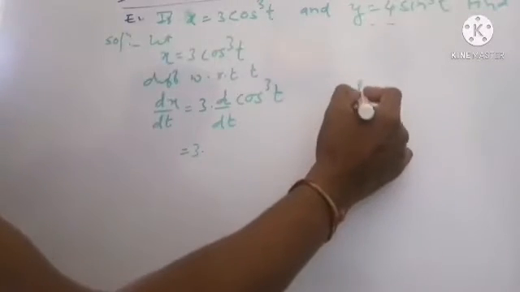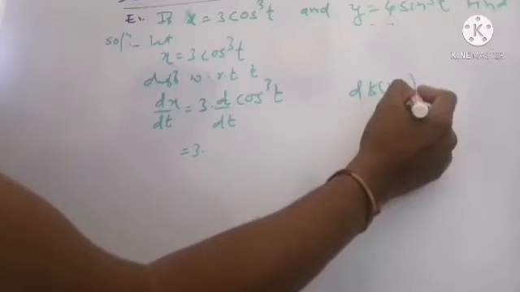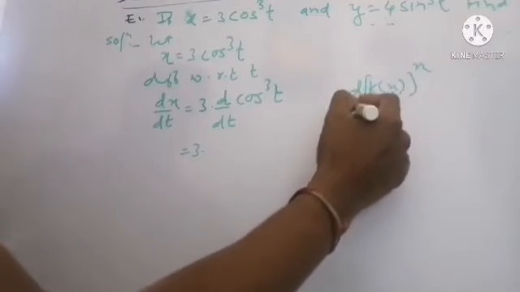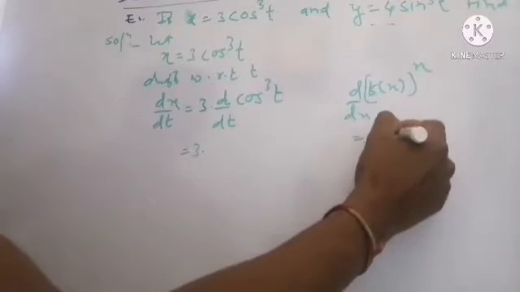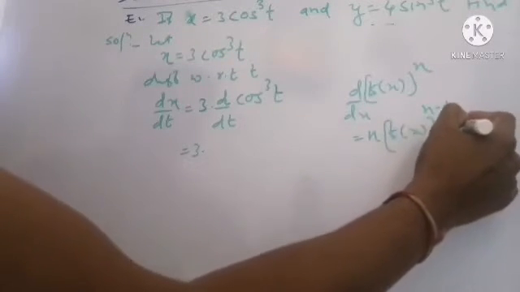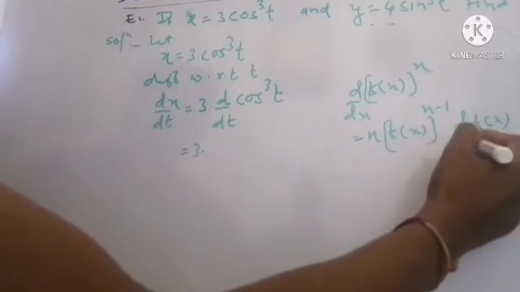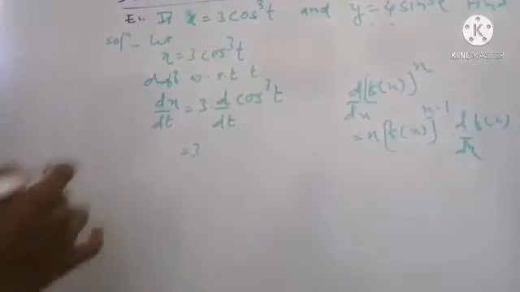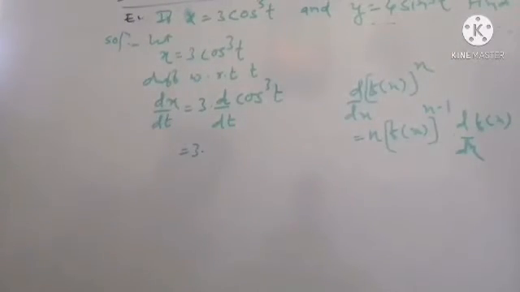As we know, the derivative of f of x raised to n is equal to n into f of x raised to n minus 1 into the derivative of f of x. We have seen this form. So here cos cube t means a power of cos t.